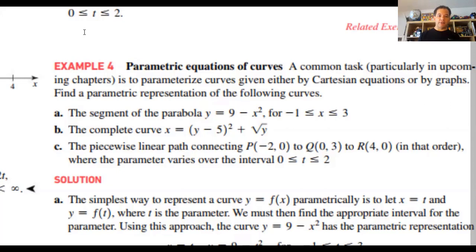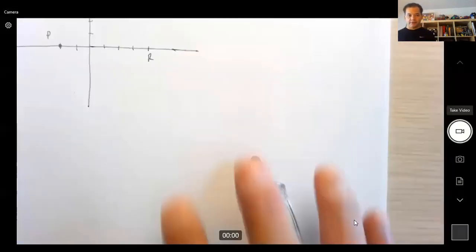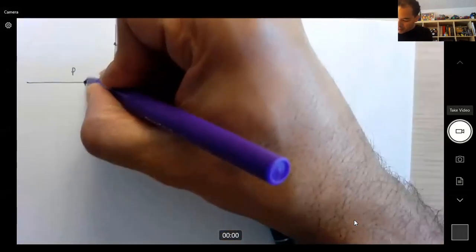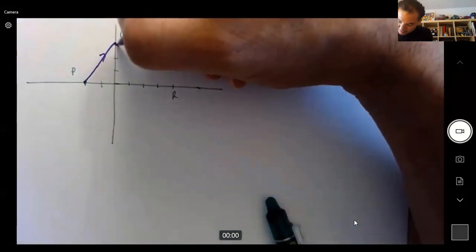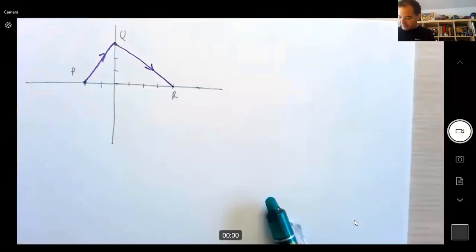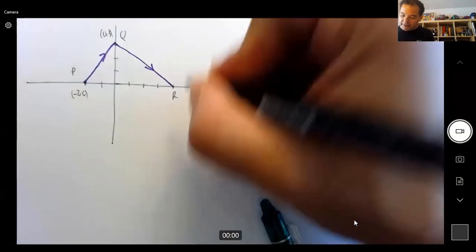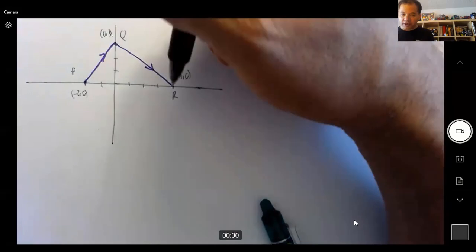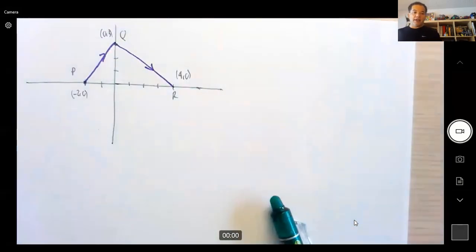And let me switch back to the page. So we want to go from here to here, and then from here to here, right? And probably the better way to do it is to break it down by seconds, so that we go from here to here in 1 second, and then from here to here in 1 second, right? And that would be the easiest because we've already figured out our way of doing things.